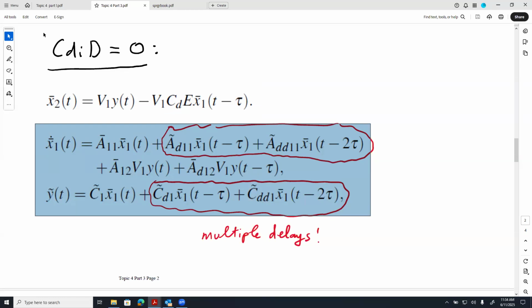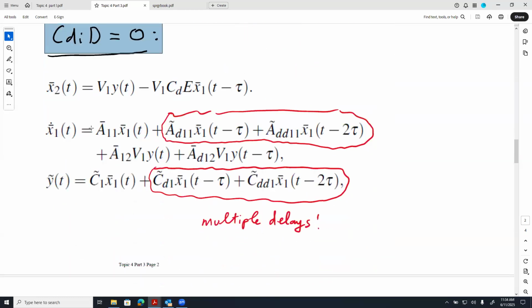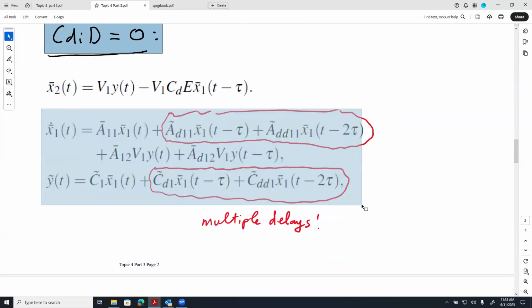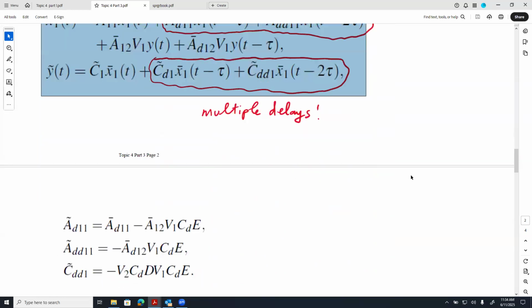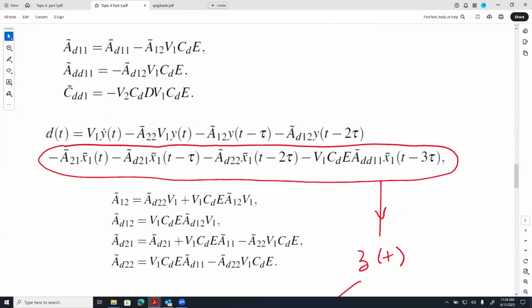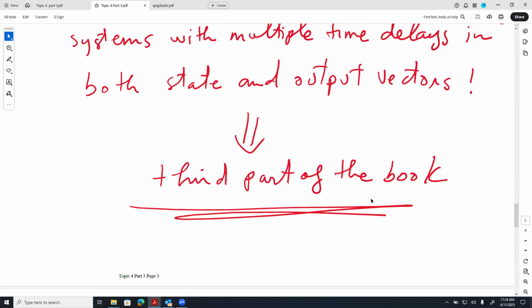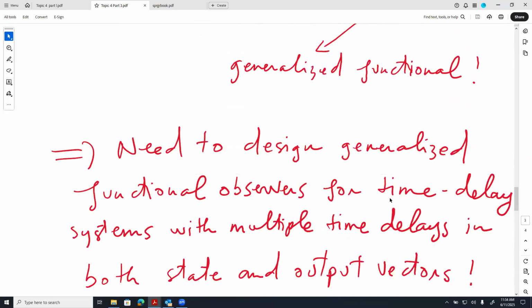This condition is less restrictive than the other condition, but the price to be paid is we get a more complex time delay system. And then the unknown input in its entirety involves a generalized functional, which has multiple delays in there. So again, that reinforces why we need to develop generalized functional observers for time delay systems.